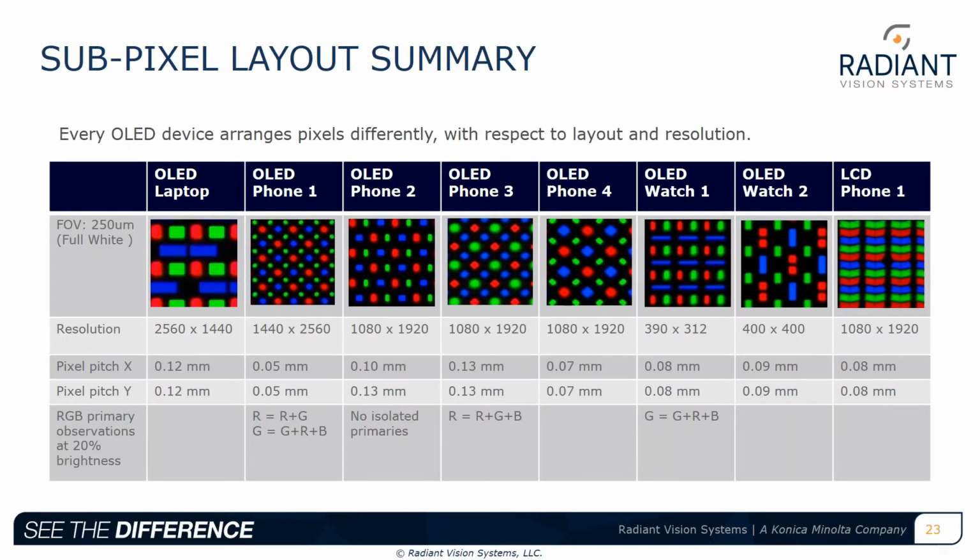The next practical concern is where are the other pixels relative to each other, and how many are there? As you can see, for many OLEDs, there are many configuration schemes.